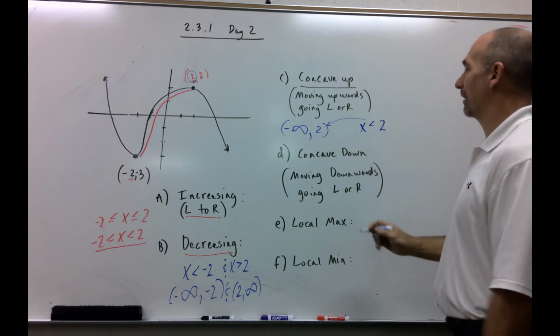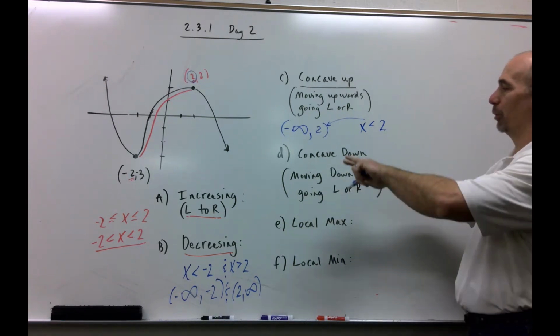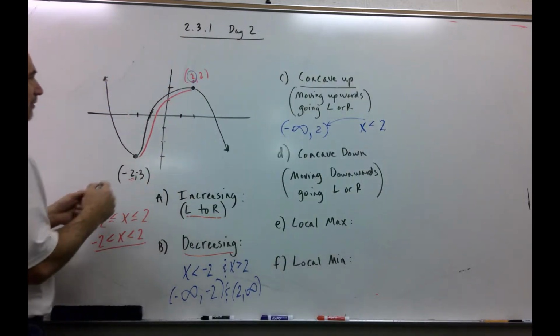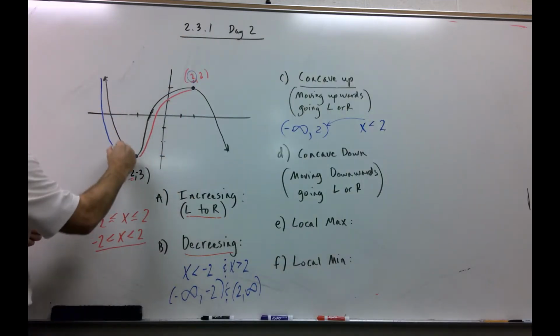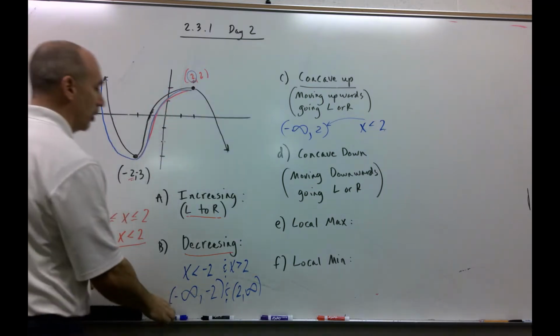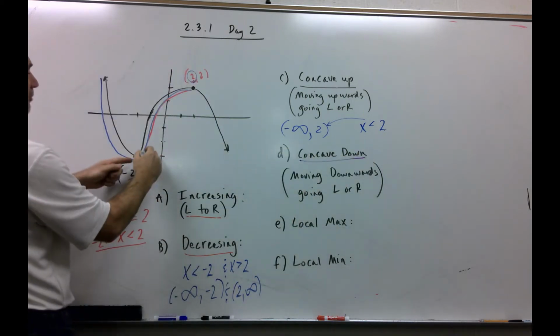So with that being said, concave down. Both directions, you're going to be going down. So I see that, okay, so this was concave up from here all the way to here. Get out a different colored marker, let's try purple. Concave down, both directions, well, look at it.